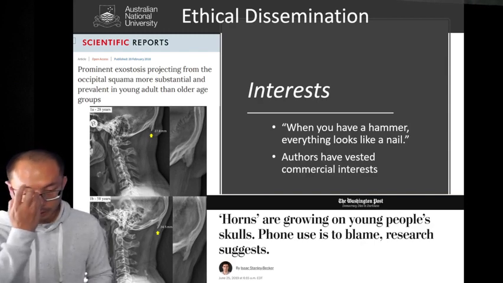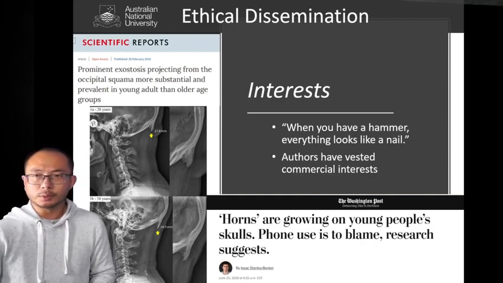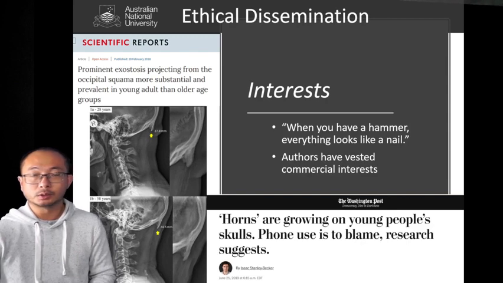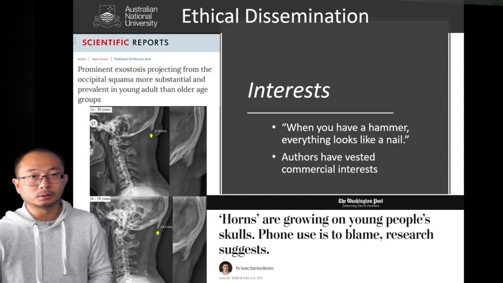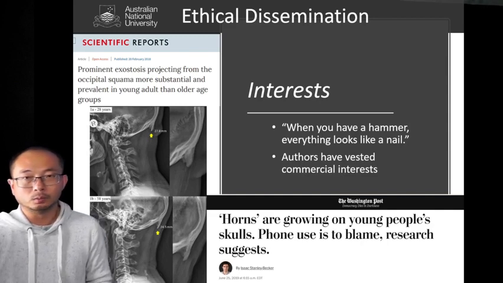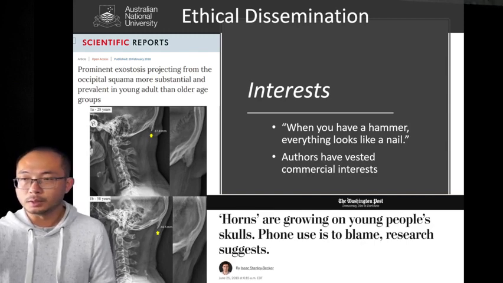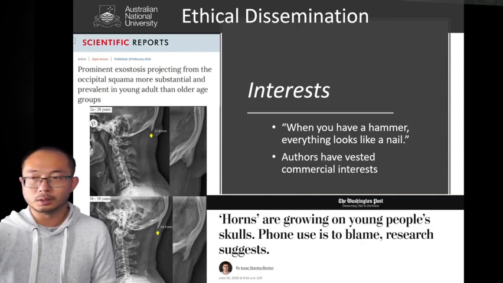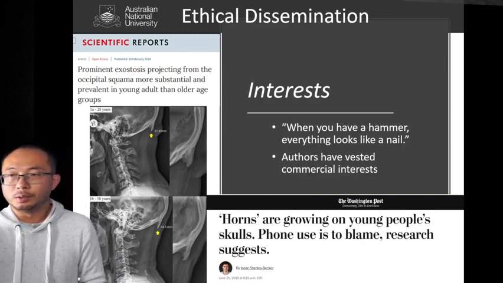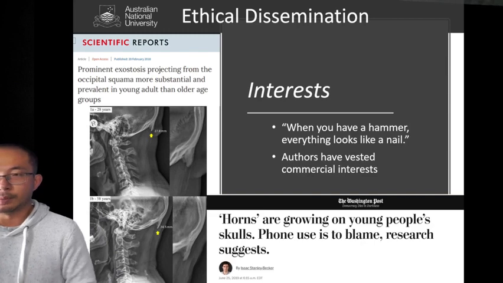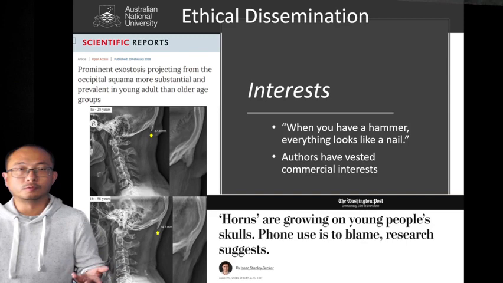So there's this example, which was quite big for a very short time, a number of years ago. It was picked up by major news channels worldwide from a piece of Australian research that claimed spurs are growing out of the back of young people's skulls, and apparently the use of mobile phones is to blame.